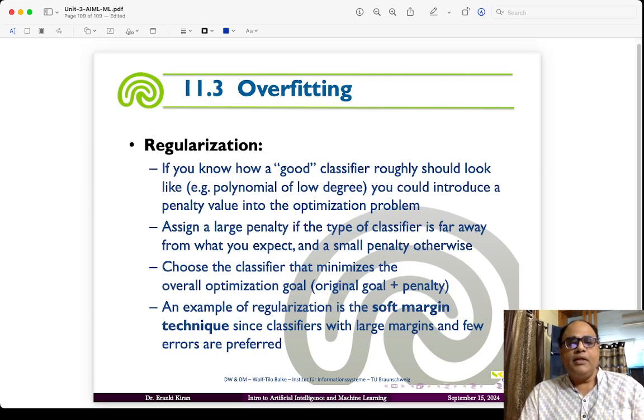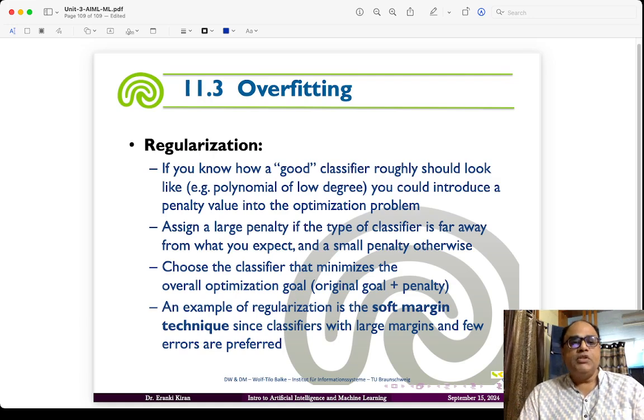The other technique that we could also apply is regularization. If you know roughly how a good classifier should look, polynomial or Gaussian, based on what kind of landscape your data actually looks like, you select the required classification approach and introduce a penalty value into the optimization problem.